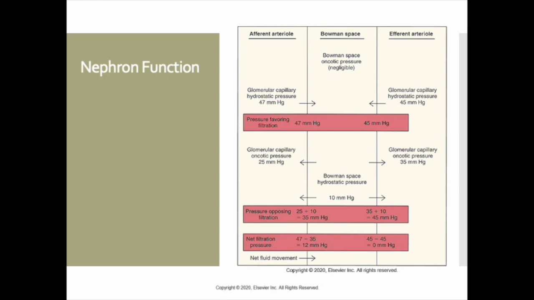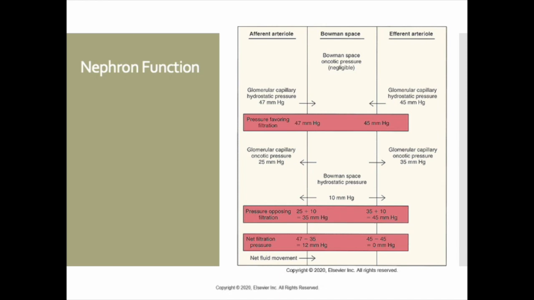So again, we have the hydrostatic pressure within the Bowman space, but then we also have the oncotic pressure of the glomerular capillary blood. So do you remember learning about hydrostatic pressure? This is the pushing pressure. But oncotic pressure is a pulling pressure. And when we talk about oncotic pressure, what are we pulling?